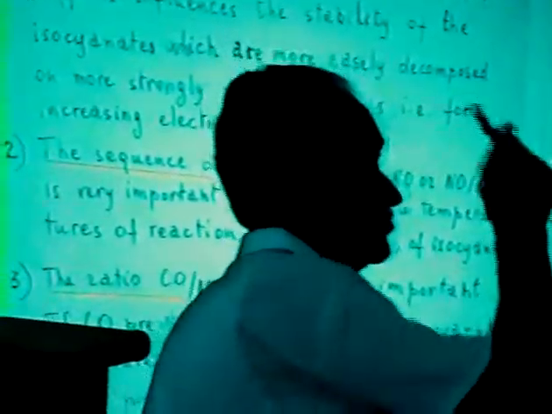The sequence of adsorption is very important, because if, for example, NO adsorbs on ruthenium, it is more difficult to dissociate NO itself, and the formation of isocyanate is more difficult.